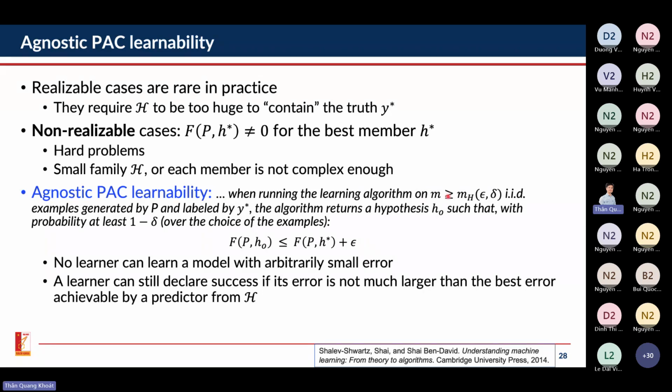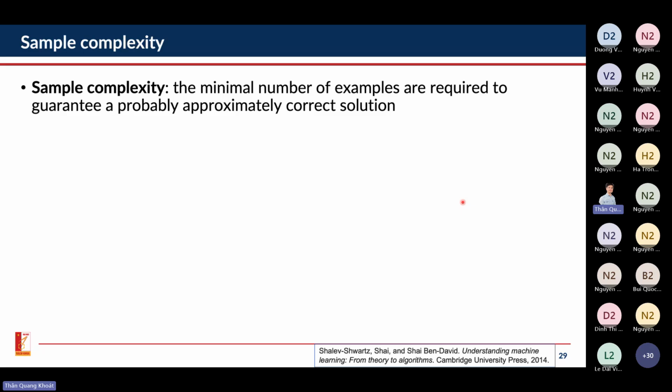When we have this definition, we base on one function, m_H, and this function depends on epsilon and delta, right? Sometimes we call that function the number of samples needed in order to assure a good model, the minimum number of samples required for learnability.